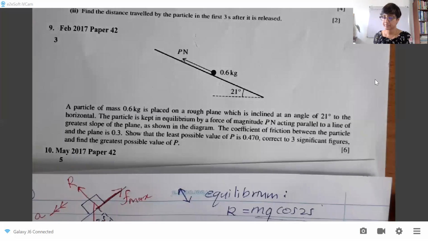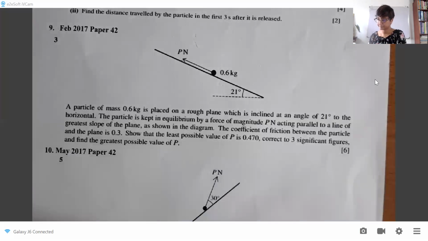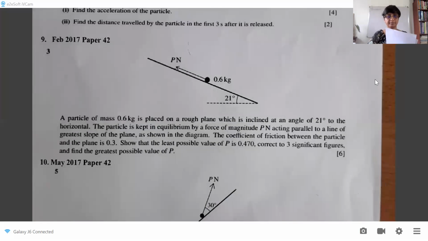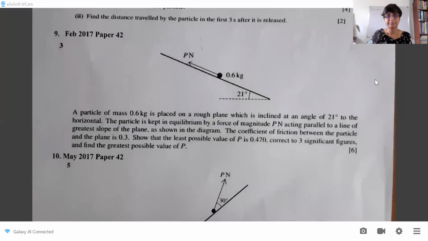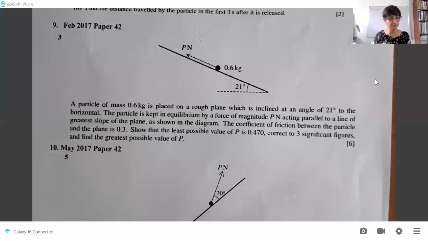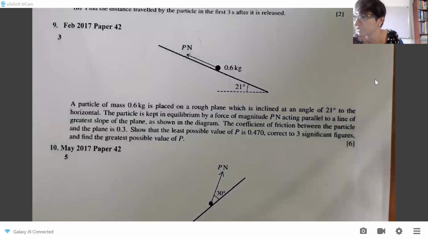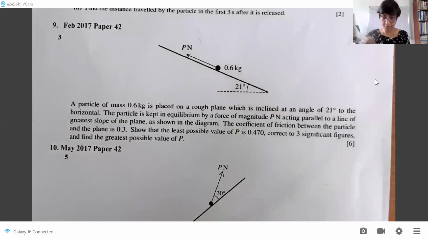Can you start that, number 9? And let me completely leave you with it. Leave you with it means I will not say anything, but this will build your confidence. If you do this on your own, that will boost your confidence, and that's exactly what I need to happen.